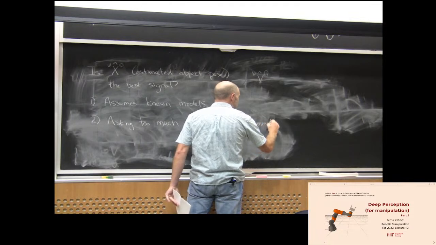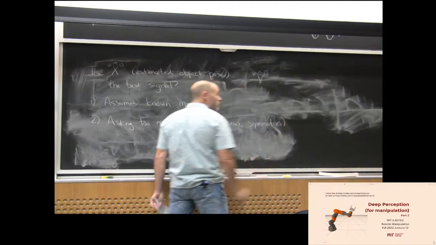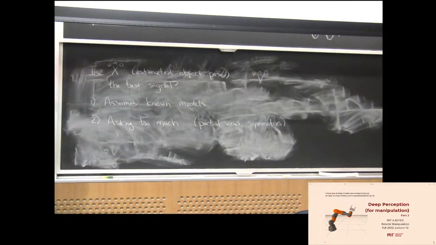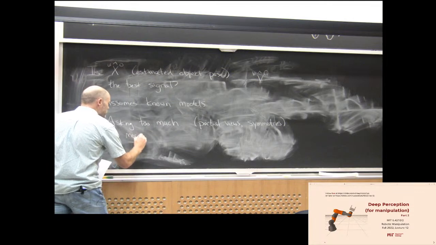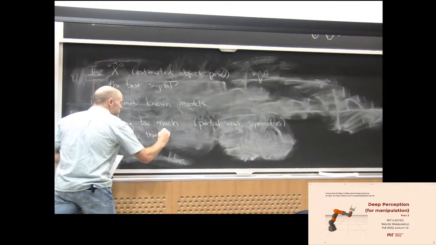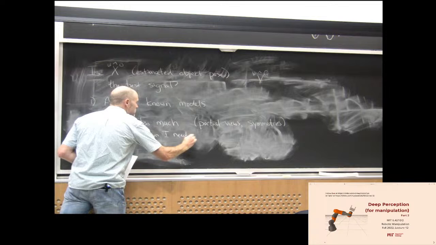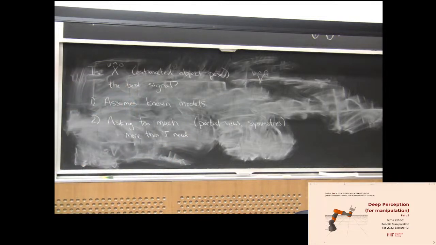Those would be a classic case where maybe the pose isn't the naturally right description. And it might be more than I need for manipulation. Okay, so I'm going to try to make this case in a story in just a second, but just to set it up at the high level here.